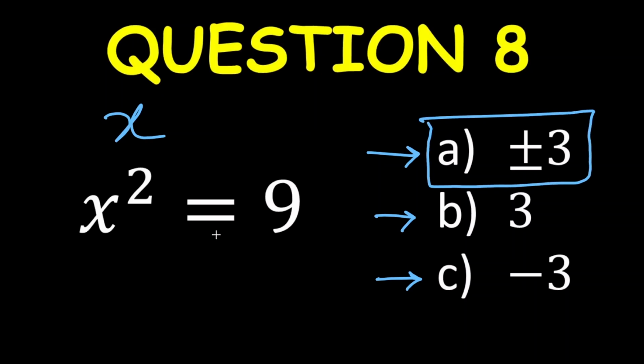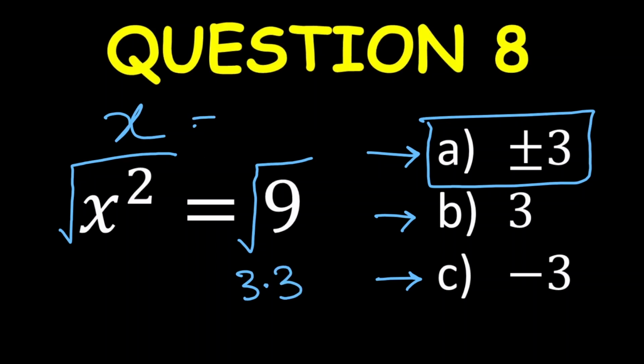Why is it so? In algebra, whenever we are taking the square root of variables like this, in abstract terms, the answer is going to be a positive and a negative number. So what number multiplies itself 2 times to give 9? That is 3, so 3 times 3.